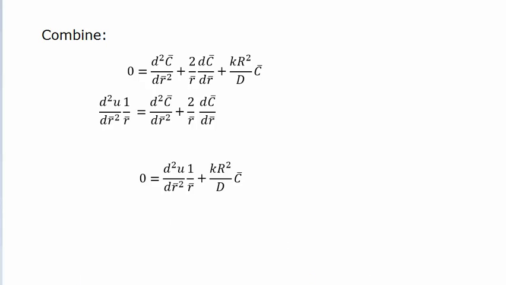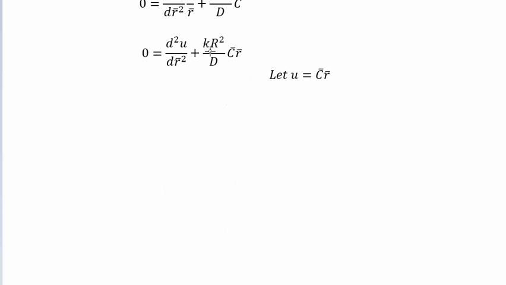Now you need to move that R bar up, so multiply everything by R bar, and you'll see that it's hanging out over here in this term now. Now if you remember our definition of the U substitution, U was C bar times R bar. So now this will turn into U, and now you have essentially U double prime plus some constant times U, which will either be significant to you or probably not significant to you.